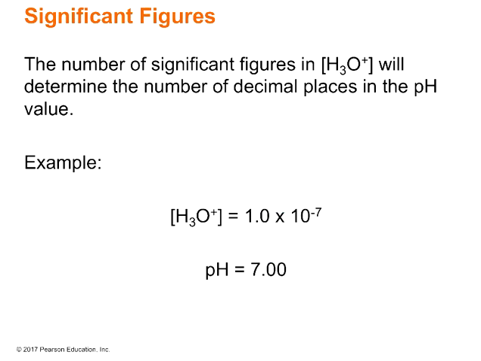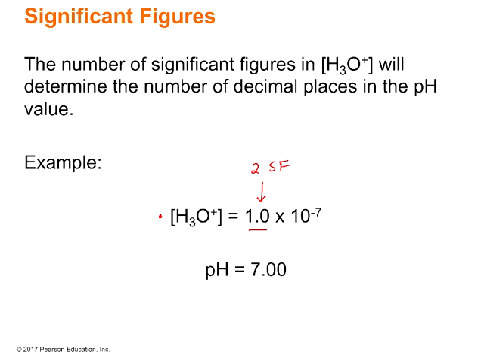Now, one thing that's a little tricky with pH are significant figures. So the number of significant figures in the concentration of hydronium ions will determine the number of decimal places in the pH value. So for example, if we have a concentration equal to 1 times 10 to the negative 7th, we can see that we have 1 significant figure in our coefficient.